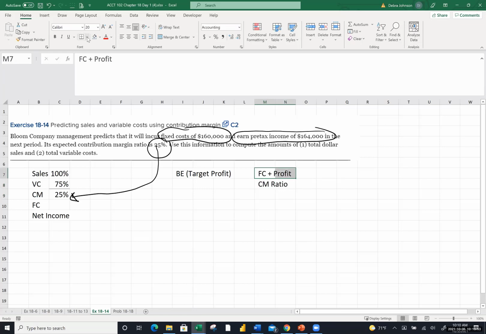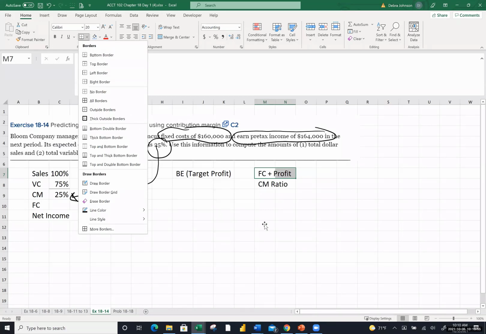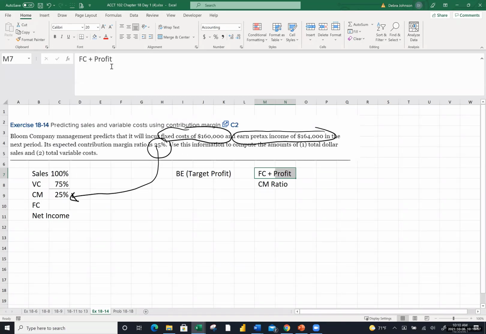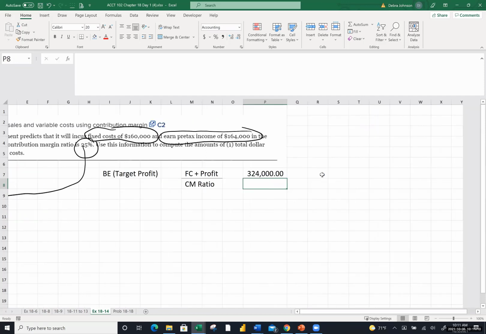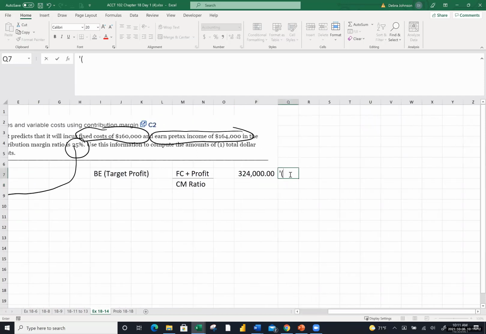Wouldn't really do me too much good to do units right now because they didn't give me a whole lot of information. So I'm going to use the formula that's going to give me dollars. Okay, pop this into your calculator, 160,000 plus the profit. So that goes on the top, and I'll write that down in case you missed it for your notes.